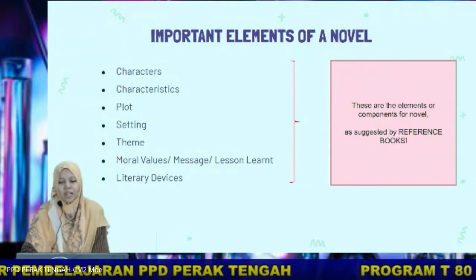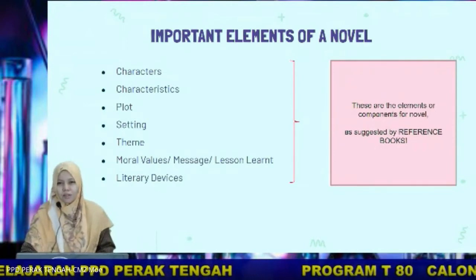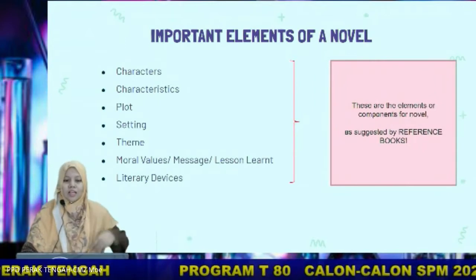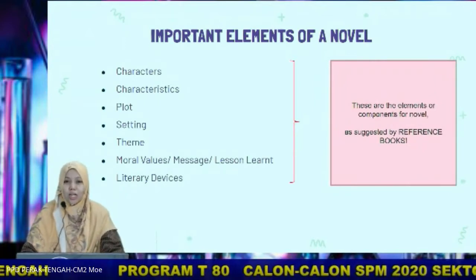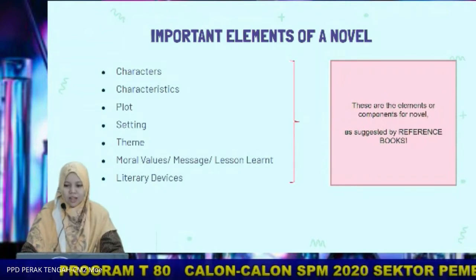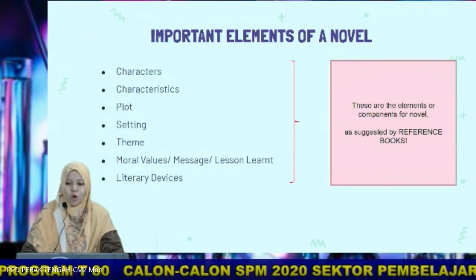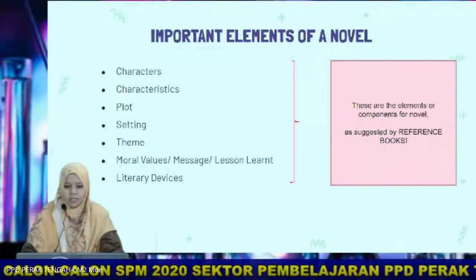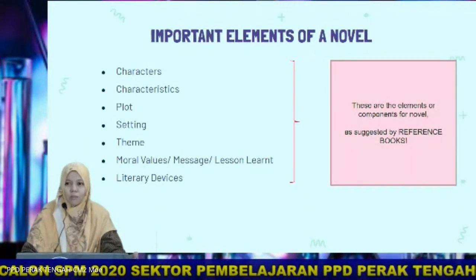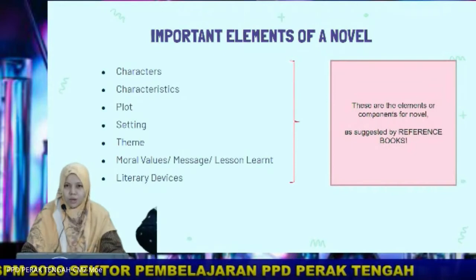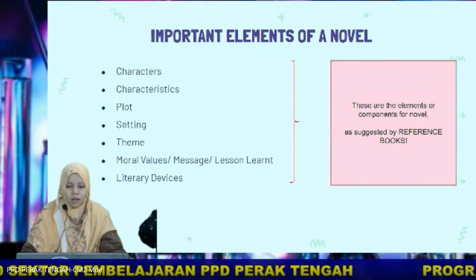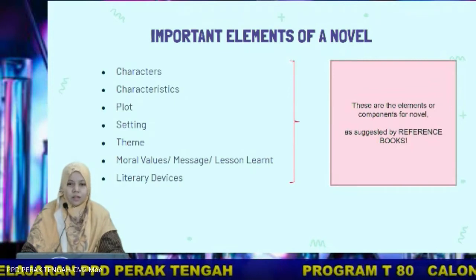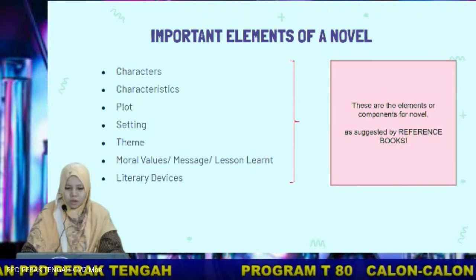Okay, important elements of a novel. So you have learned the novel, you have read the novels. You must know all these elements. Okay, these are the elements or components of the novels. Characters, characteristics. Okay, who are the main characters? We have Dawan, we have Kwai, the father, Noi, the cousin, the head monk, and so on.